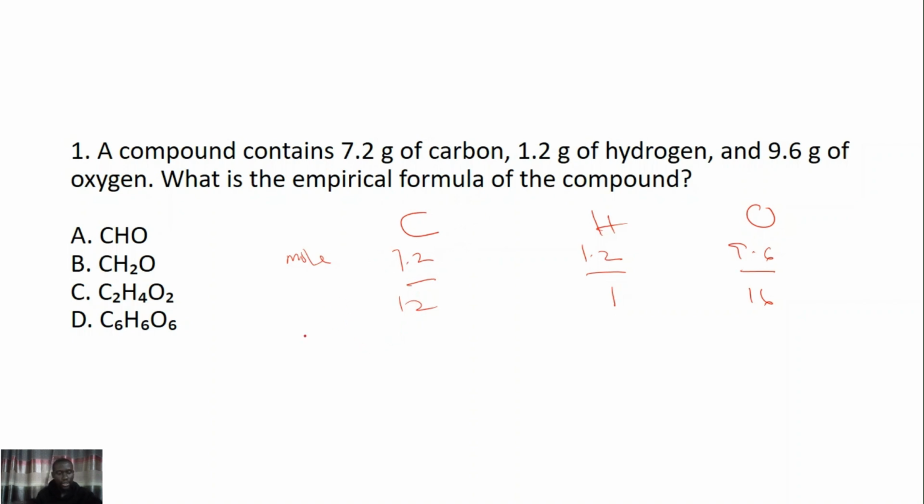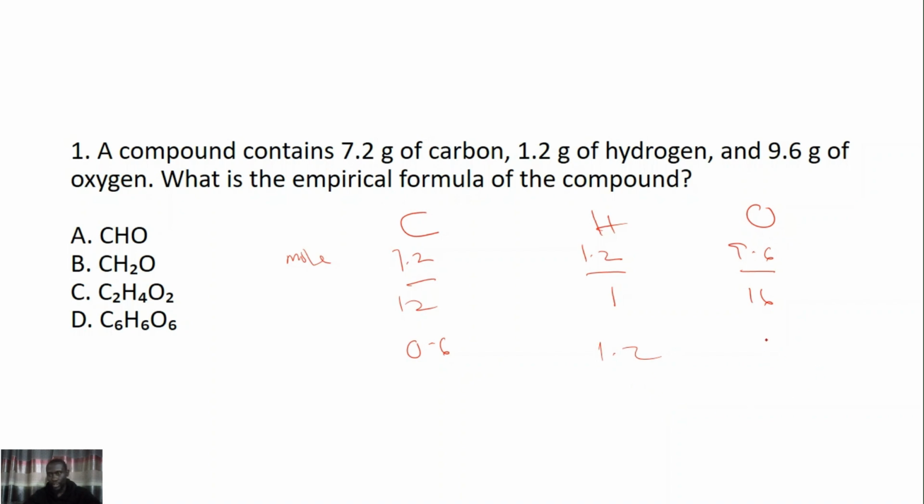Let's use our calculator. 7.2 divided by 12 is equal to 0.6. 1.2 divided by 1 is 1.2, and 9.6 divided by 16 is 0.6.